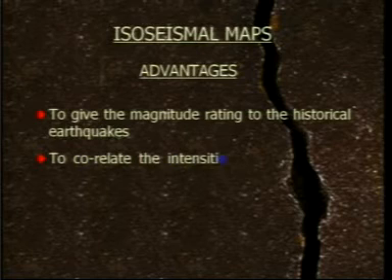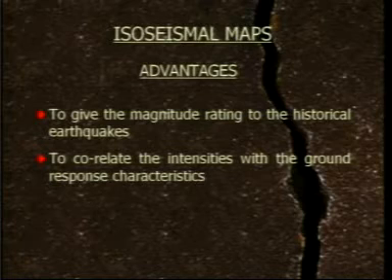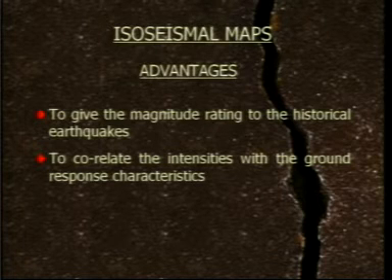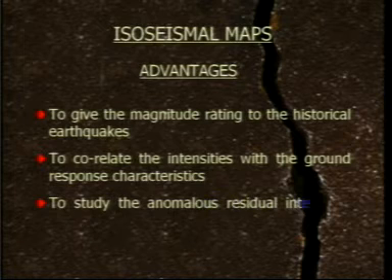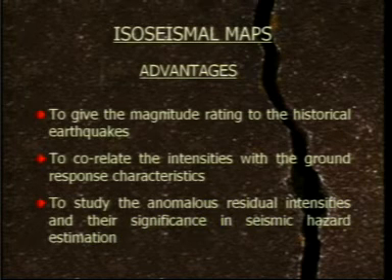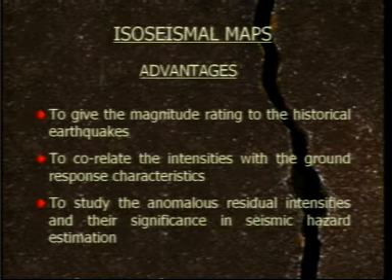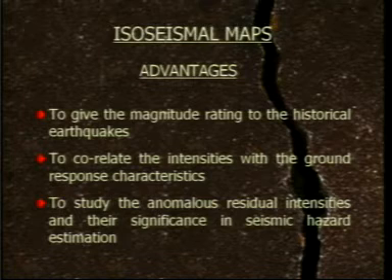The next advantage of isoseismal maps is to correlate the intensities with the ground response characteristics. The next is to study the anomalous residual intensities and their significance in seismic hazard estimation.